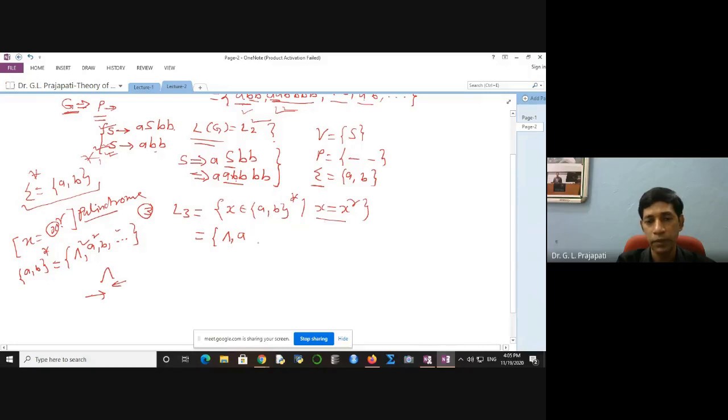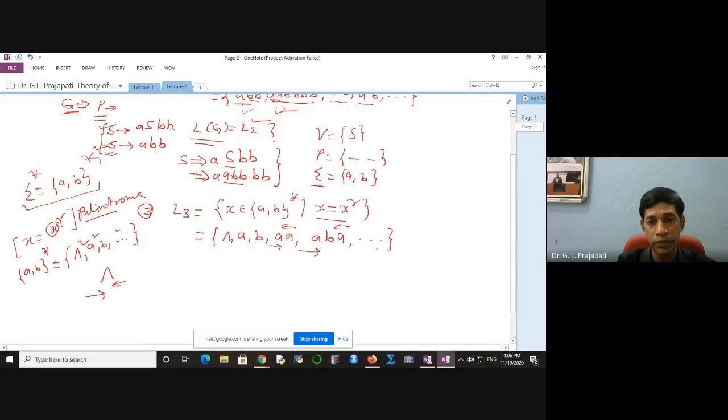Reading from left to right or right to left is the same. The next word can be B. Reading left to right or right to left is B. Next, double A is also possible. Reading left to right or right to left remains the same. You can have ABA also in this language. Read from left to right and then from right to left, the word remains the same. And so on.